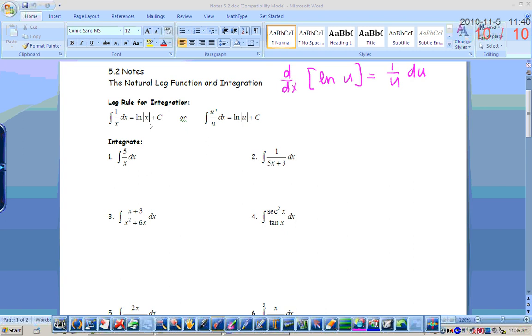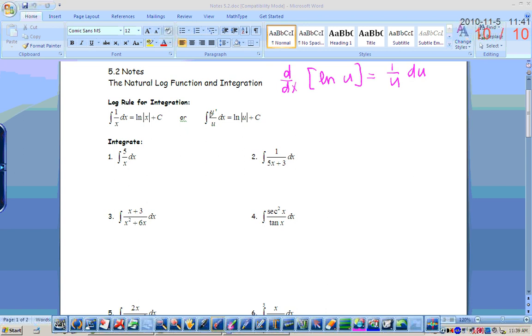So just the opposite of what we've been doing. All right, there is an absolute value that's thrown in there. And the reason for that is that when you introduce a natural log to a problem, it may change the domain of the problem because the domain of natural log has to be positive. So all you have to remember is just put the argument of the natural log in absolute values, and you'll be just fine. If it's just 1 over x dx, then the integral is the natural log of x.